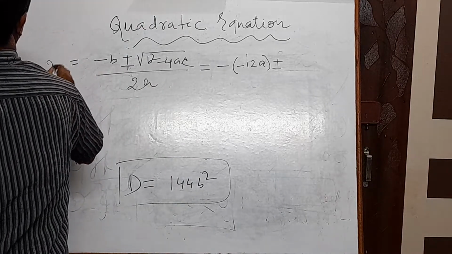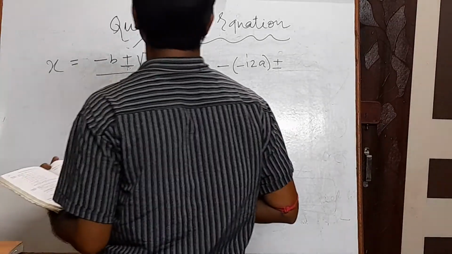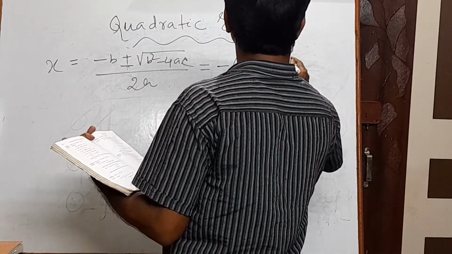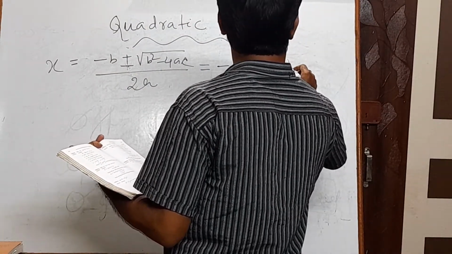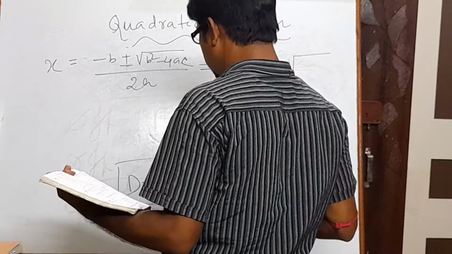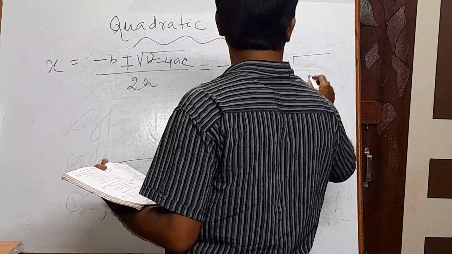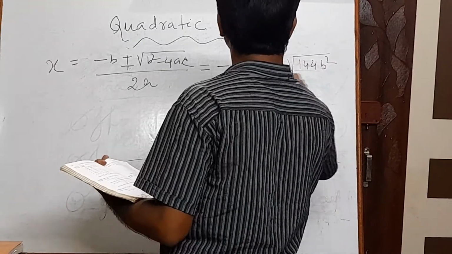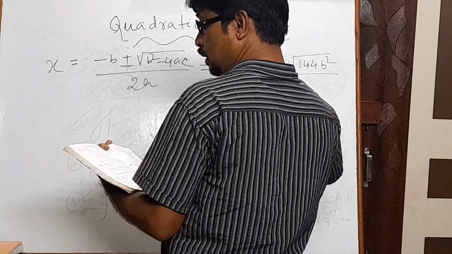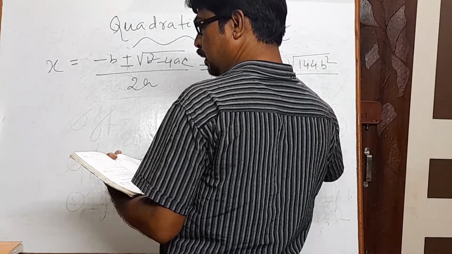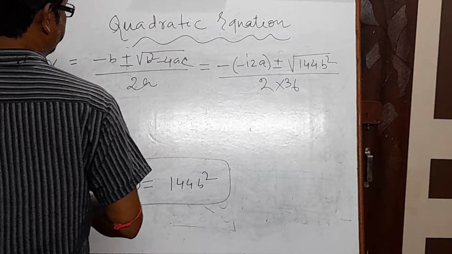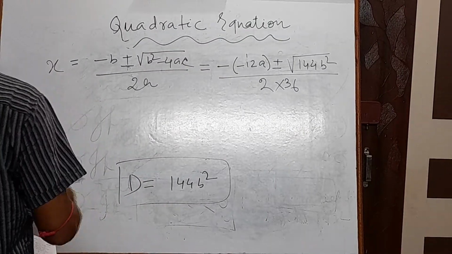Don't write alpha; separately I will write alpha and beta. So x is equal to minus b plus minus under root b square minus 4ac, which was 144 b square, by 2a. A means the coefficient of x square, which was 36.